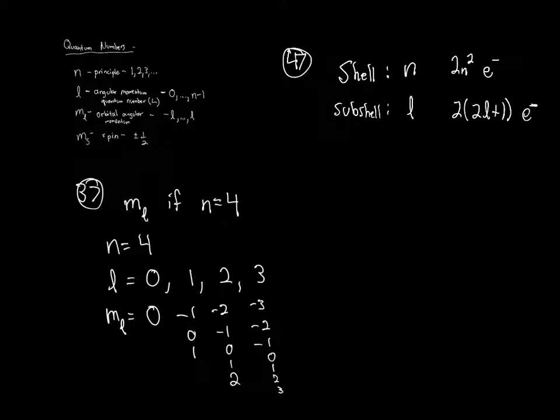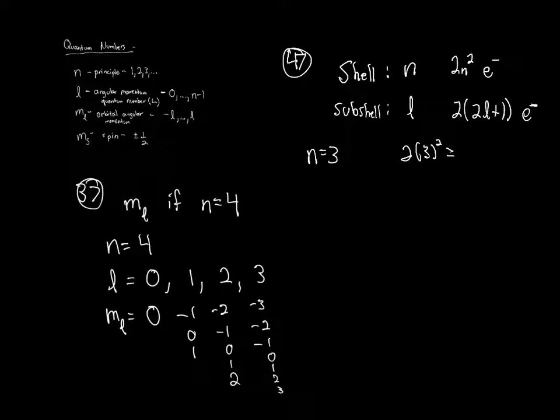And what did they want? They wanted us to list it for which one? N equals 3 shell. So right away, I should be able to tell you how many electrons are going to be in this whole shell, so I know how many states I'm going to have to write. The number of electrons is 2 times 3 squared.